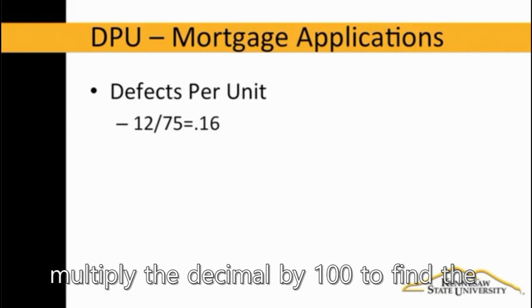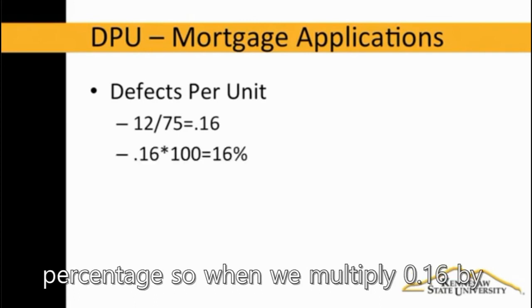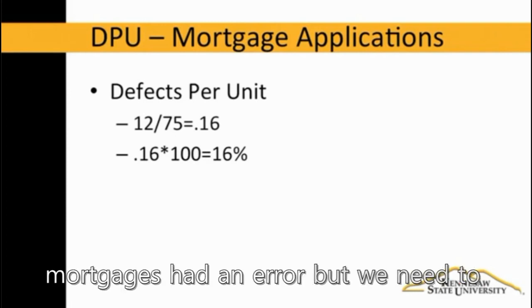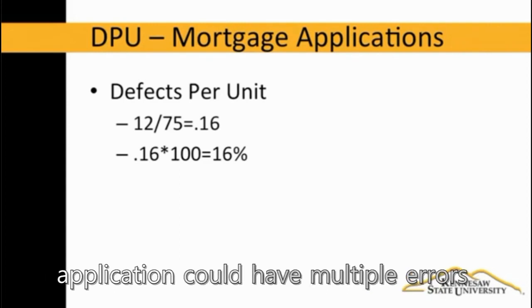We multiply the decimal by 100 to find the percentage. So when we multiply 0.16 by 100, we find that about 16% of the mortgages had an error, but we need to remember that a single mortgage application could have multiple errors.